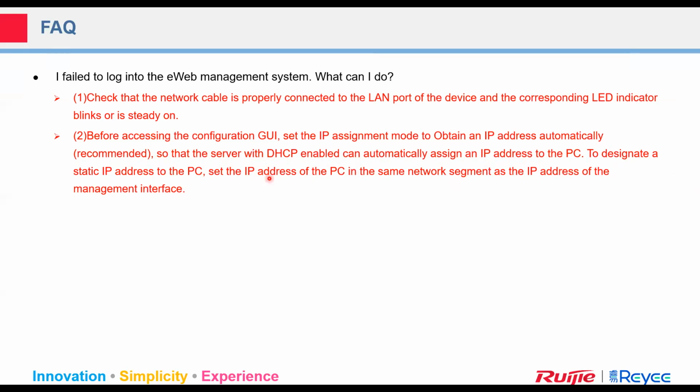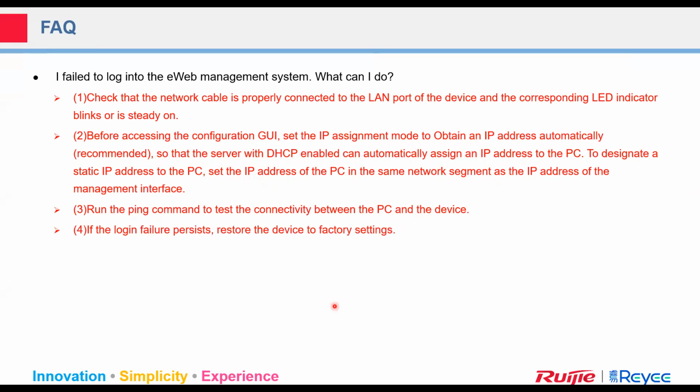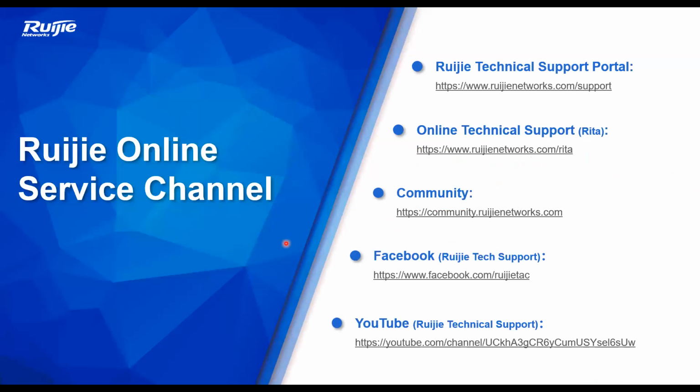If it is a static IP, make sure that the IP is in the same segment for the PC and the device. Then run a ping between PC and device to make sure that the connection is stable. If you're still unable to log in, do a factory reset on the device.